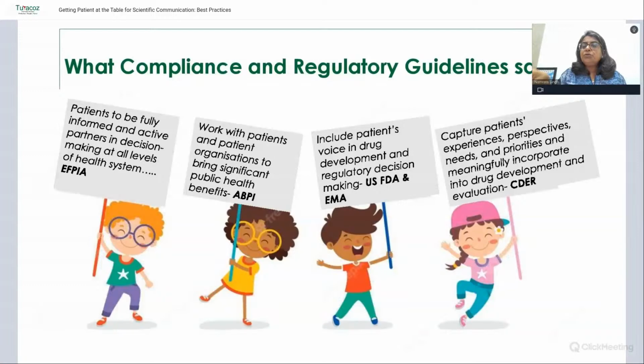So the loop has to close, where we're involving the patient at every stage. And at the end of every journey, we take the insights from the patient, and then we see what we could have done in a different way, so that the patient's experience and ultimately the patient outcome would have been better.